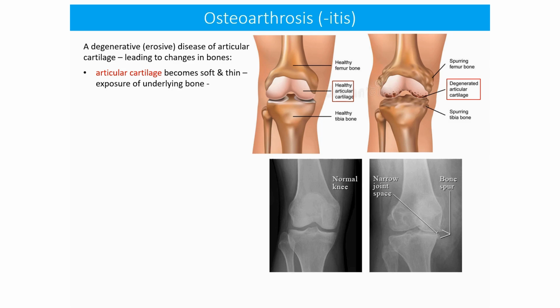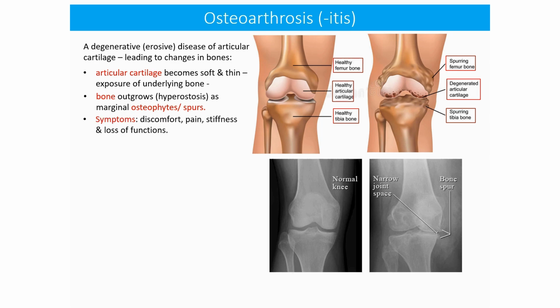In osteoarthritis, articular cartilage becomes soft and thin, leading to exposure of the underlying bone. This exposed bone under stress leads to hyperostosis, that is bone outgrowths, as marginal osteophytes or spurs.